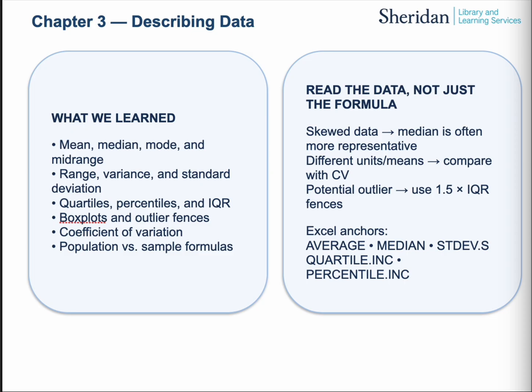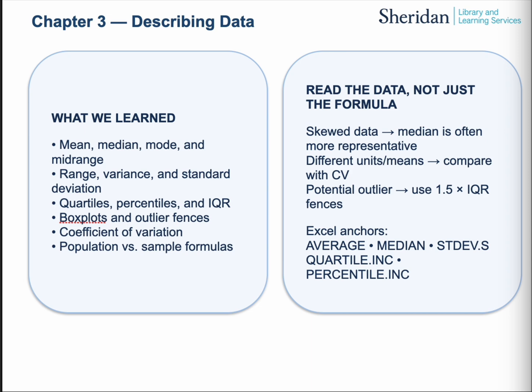We also learned about quartiles, percentiles, and the interquartile range, or IQR. Quartiles divide the data into 4 equal parts, while percentiles divide the data into 100 equal parts.